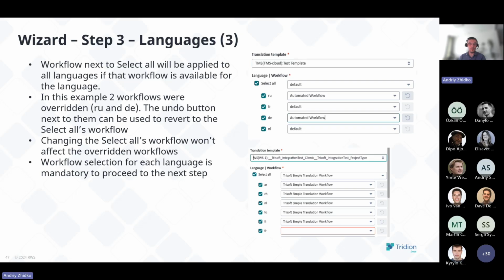So set one, and it runs for all languages. If you set the workflow for a specific language, you can use the undo button in case you want to change and switch the language to the specific one that was there before.